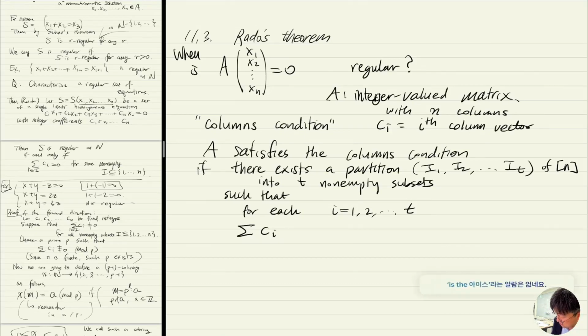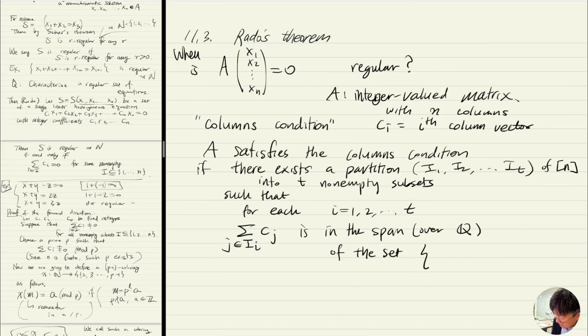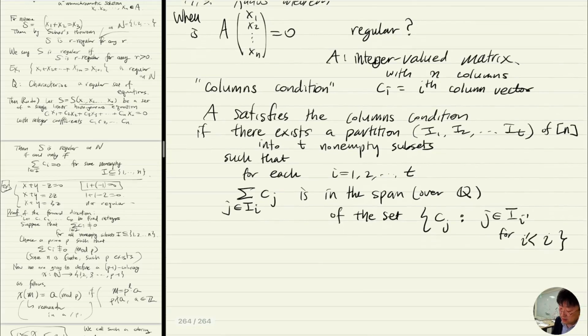Right, if I take all the column vectors in Ii, then this is in the span over the rational coefficients of the set of the vectors Cj, where j belongs to Ii' for some i' less than i. Okay, so that's the condition.